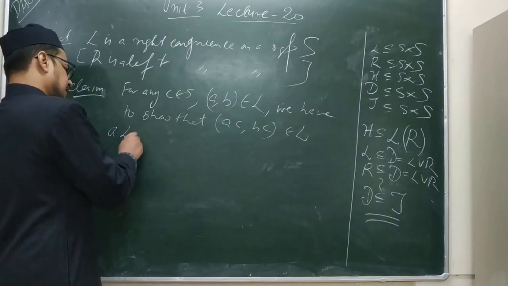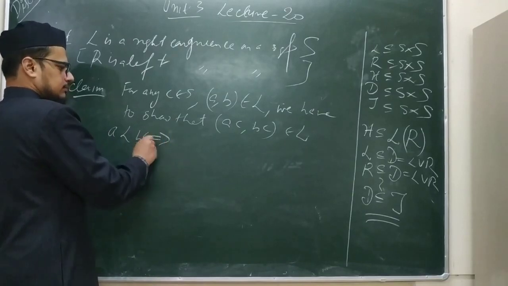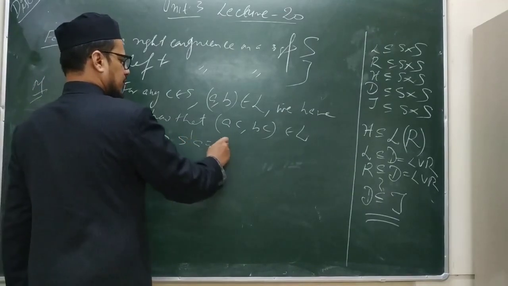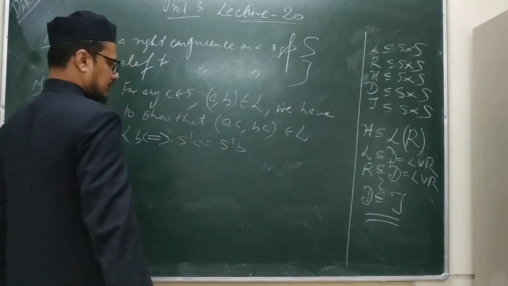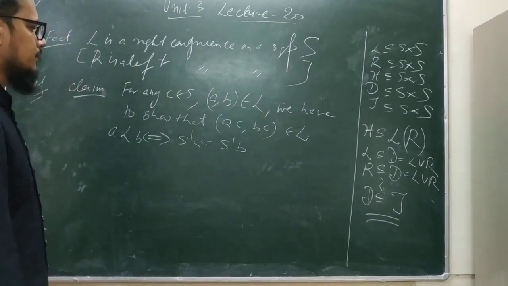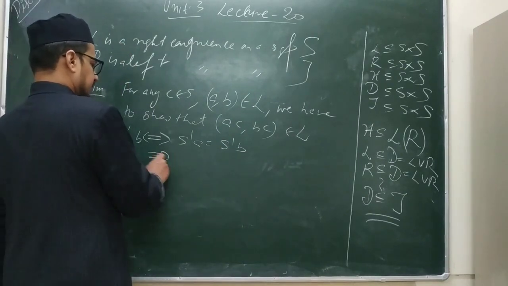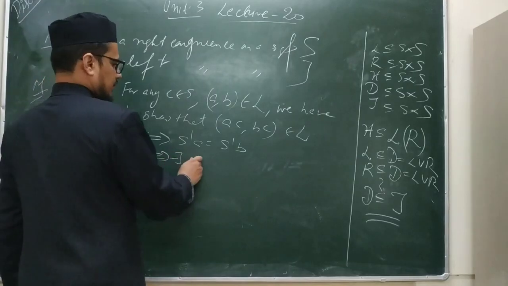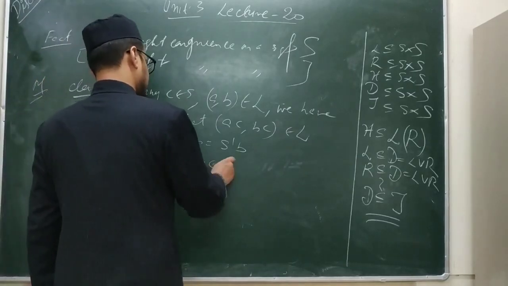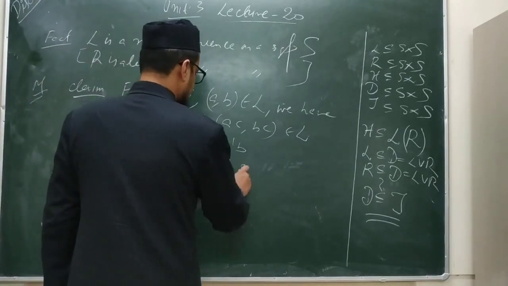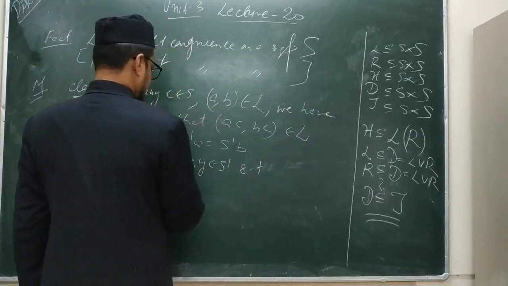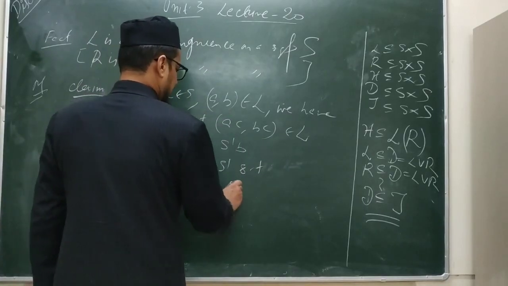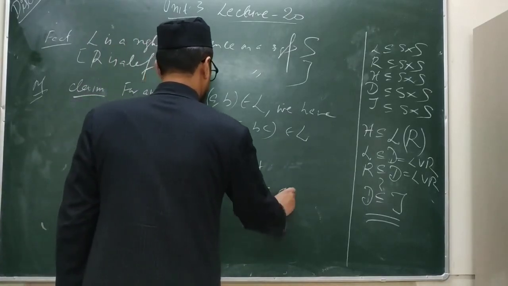So ALB implies what? S1A is equal to S1B, isn't it? Or you can say it implies there exist X, Y belonging to S1 such that XA is equal to B and YB is equal to A, correct?